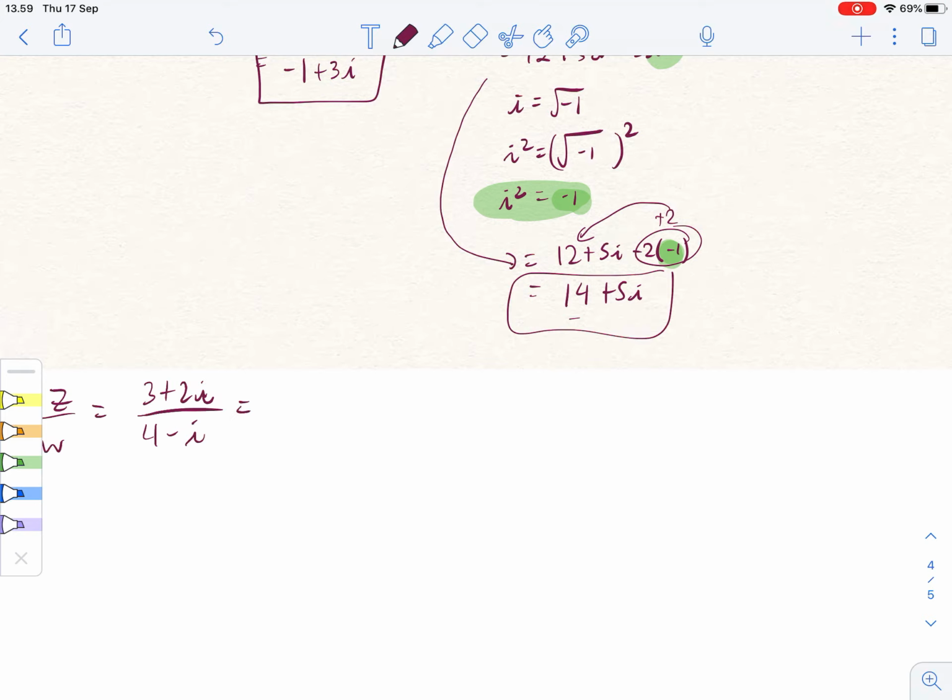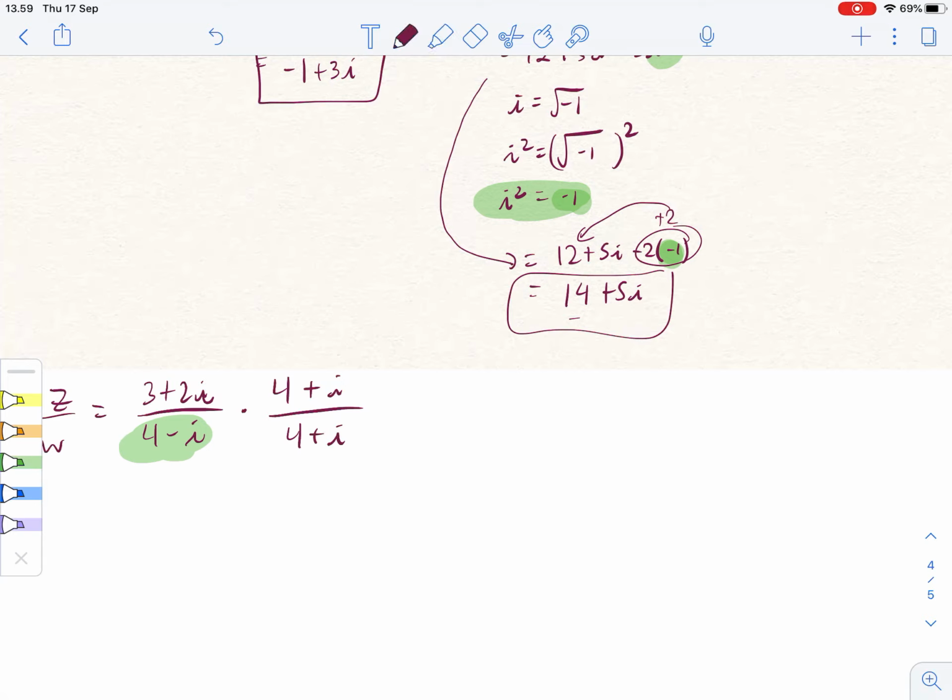Now, in order to divide, what you're going to do is multiply by the complex conjugate in the denominator. And the reason we're going to do that is when you multiply by the complex conjugate, you're actually going to end up with one whole number in the denominator.